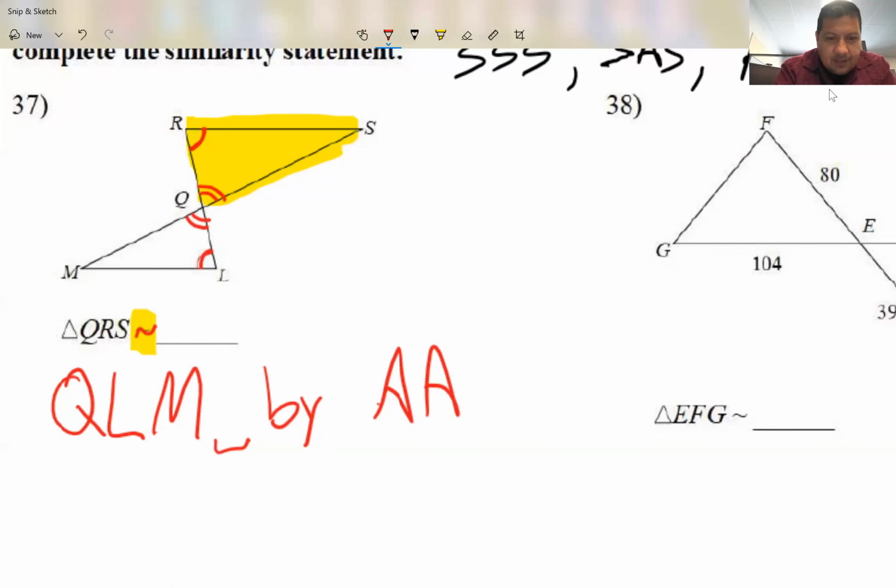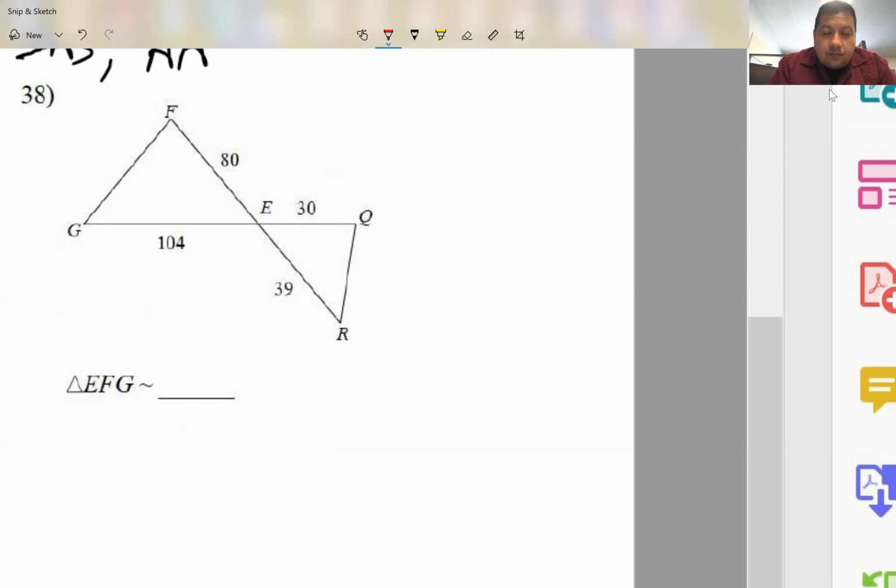All right, so looking at number 38, if it is not similar, what do we put? I got that question in the chat. We'll see that in a minute, okay? So now here, I see sides. I see that one of my triangles has the numbers 30 and 39.